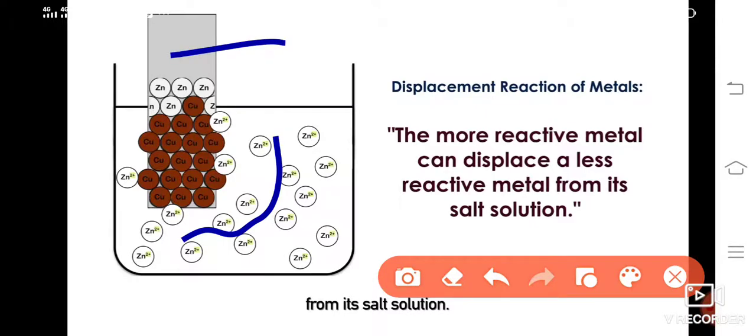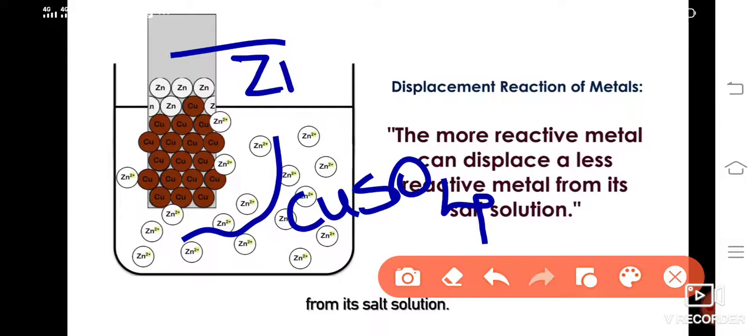Now you dip the zinc metal sheet into this copper sulfate blue color solution, right? Now what happened was, this contained copper sulfate, CuSO4, right? This is copper sulfate solution. Now this is zinc metal.